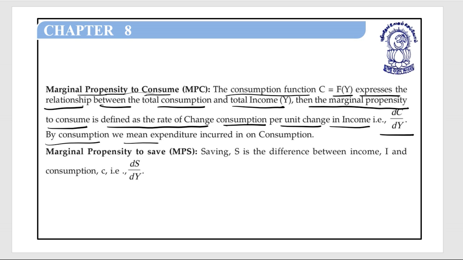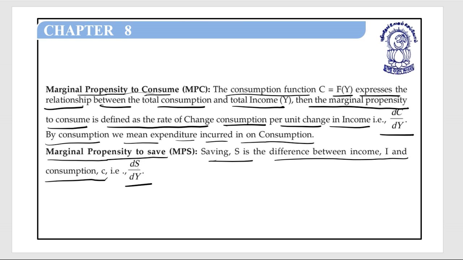By consumption we mean expenditure incurred on consumption. Marginal propensity to save. Saving S is the difference between income Y and consumption C. So dS by dy.